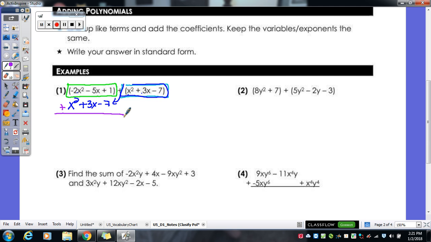And it's kind of like when we did adding our radicals before. These are both x squared, so I'm going to add their numbers out in front. So there's a 1 here. We don't always write it, but it is there. So negative 2 plus 1 would give me a negative 1x squared. You just actually add and subtract those numbers in front. For the x's, we have negative 5 plus 3. So that would give me a negative 2x.